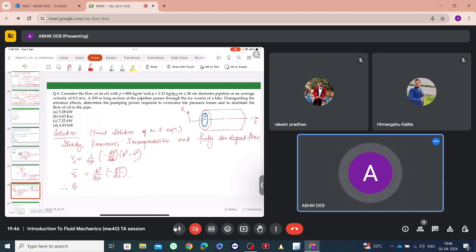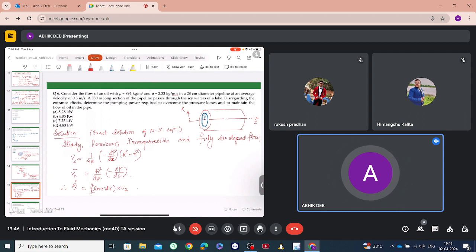So discharge is equal to integration 2 pi r dr. So we are taking the area of this differential element and we are taking the velocity in this direction. Okay, so area multiplied by the velocity will give the volumetric flow rate.